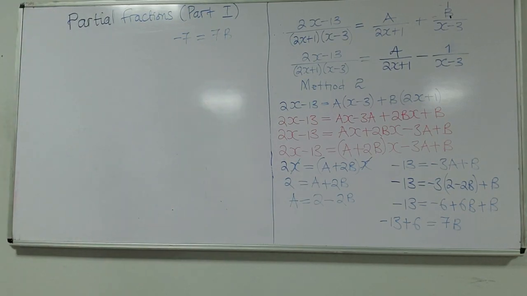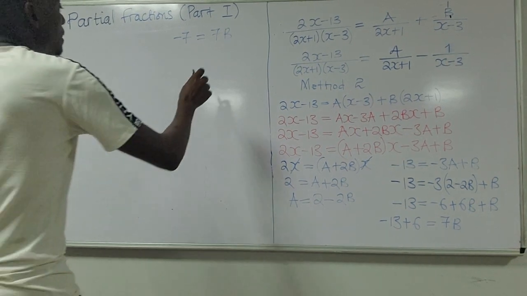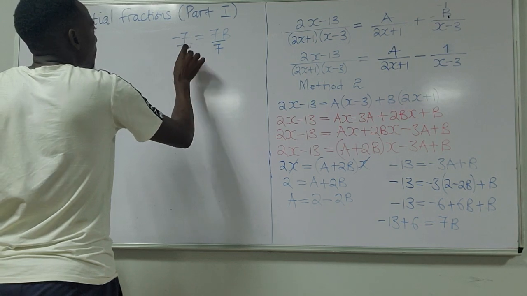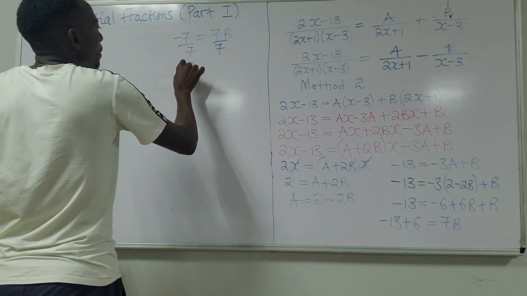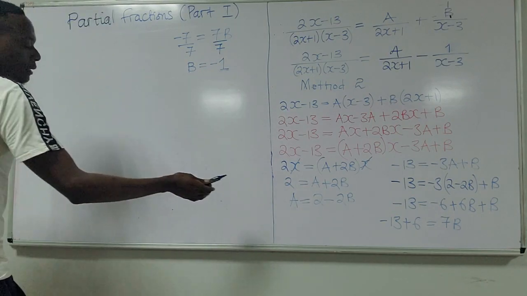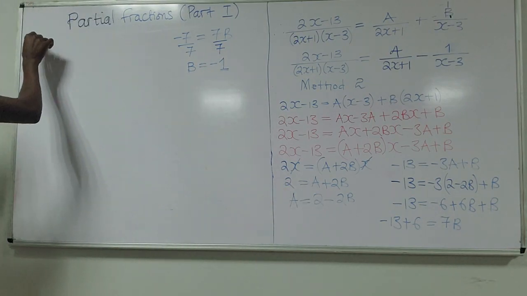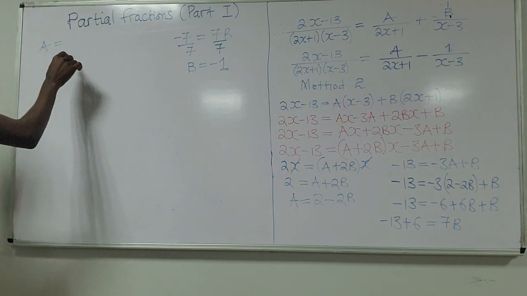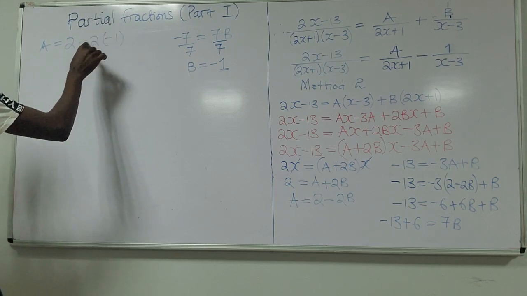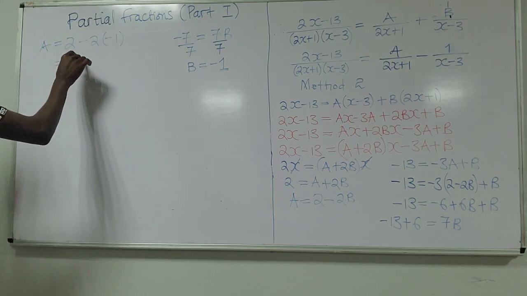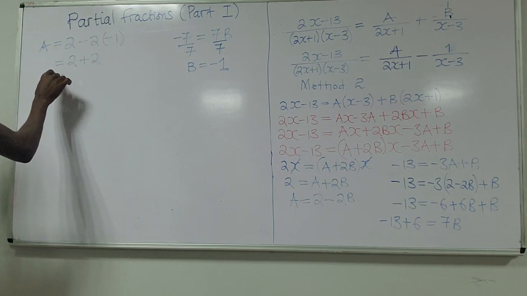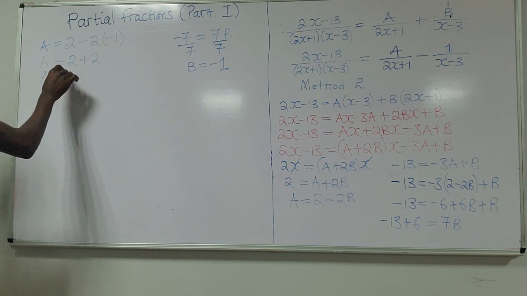Then we divide both sides by 7. So we get b is equal to negative 1. Since a is already made the subject of the formula, we substitute where there is b with negative 1. So this will give us 2, negative times negative is positive, 2 times 1 is 2, which gives us a to be equal to 4.